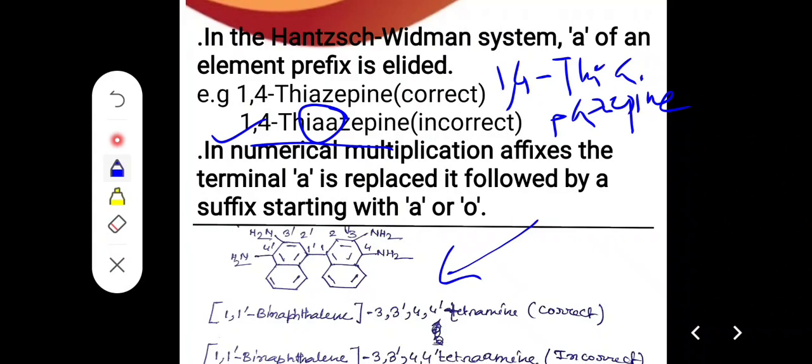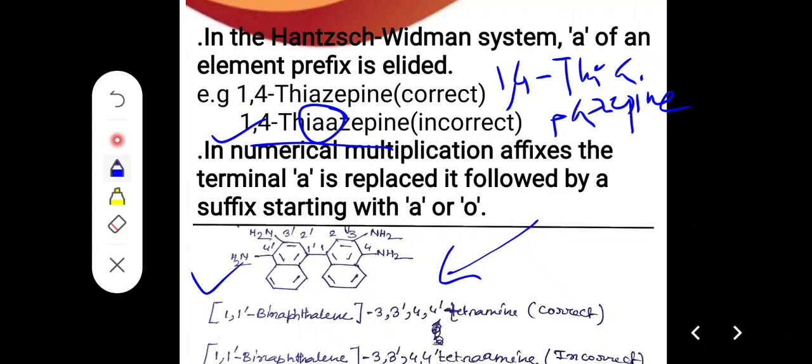So this is the example in brackets, 1 prime, 1 comma 1 prime, because we know that locants are separated by commas. Locants are nothing but the numbering. Maybe 1, 2, 3, 4, maybe 1 prime, 2 prime, 3 prime, maybe 1 double prime, 2 double prime, 3 double prime, or maybe A, B, C, D, maybe alpha, beta, gamma. They are termed locants, and locants are most commonly separated by commas in the same part of the system.